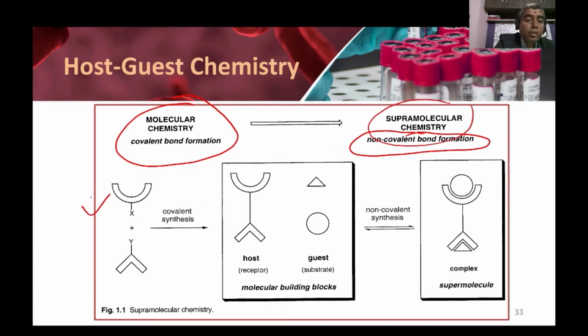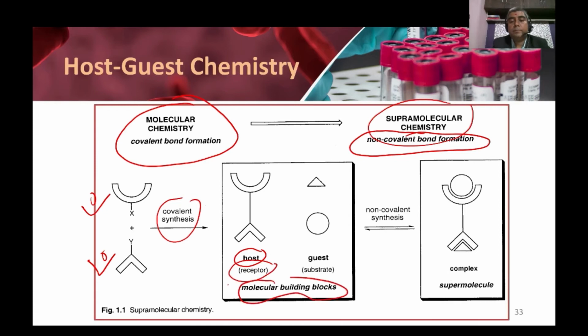So this is one molecule, this is another molecule. By covalent synthesis they form a host, we can say receptor, or we can also call them molecular building blocks. And when this host molecule accommodates this guest inside it by non-covalent interaction, it is called a supramolecule.